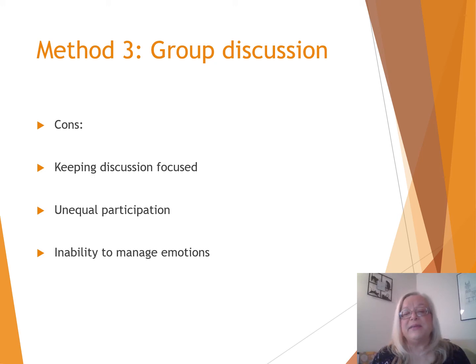Thirdly, inability to manage emotions. Now, if you're talking about a topic that might be somewhat controversial or somewhat personal to people, they could get emotional about it. And something like diversity and inclusion might be one of those topics, and we talked about these different forms of resistance.